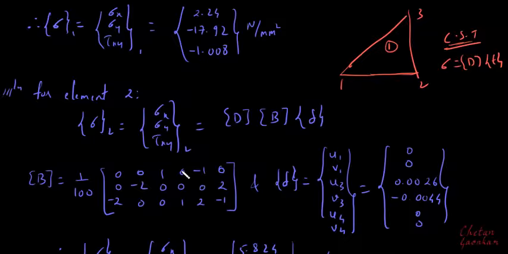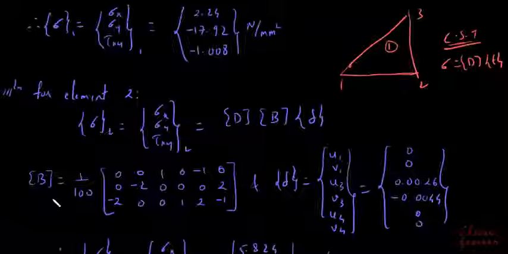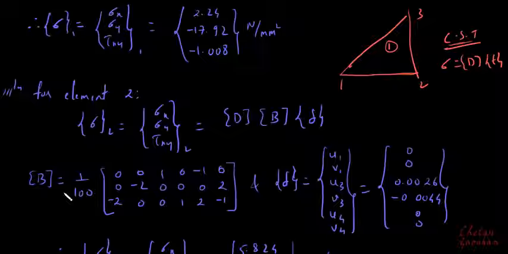Similarly for element 2, we'll have to write down the B matrix for the second element, which we had obtained earlier while solving this problem. Again here we need to take care of the nodal displacement terms. For element 2, if you remember, the nodes will be node number 1, node number 3 and node number 4.